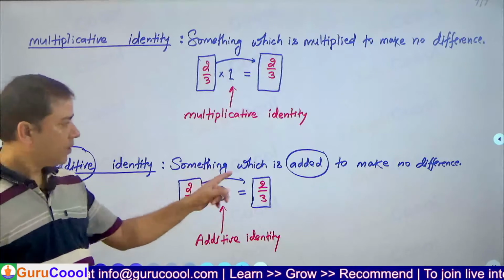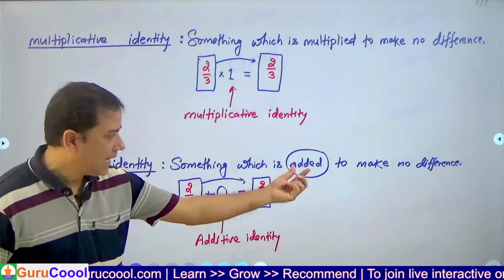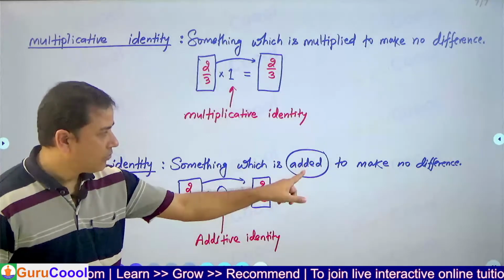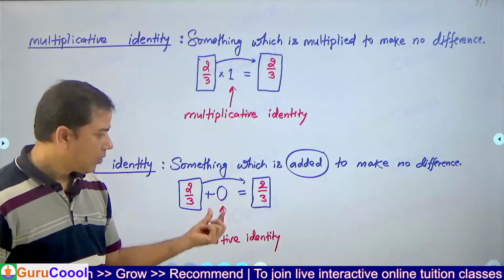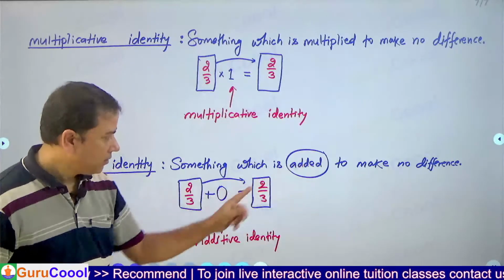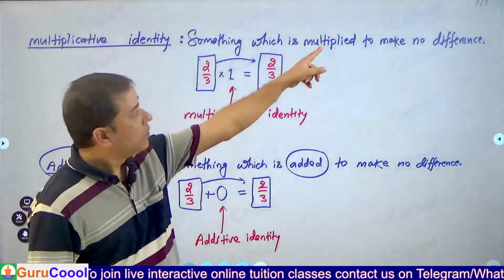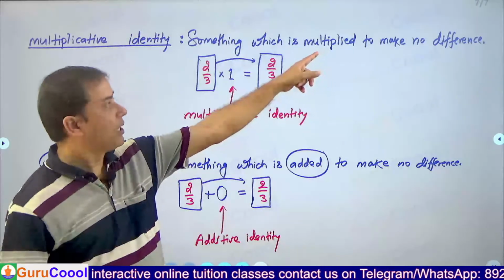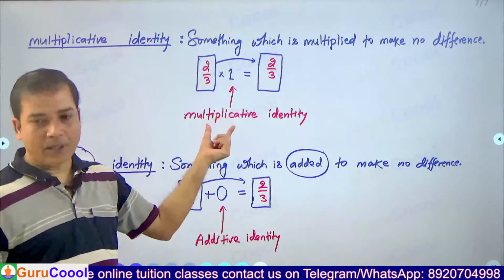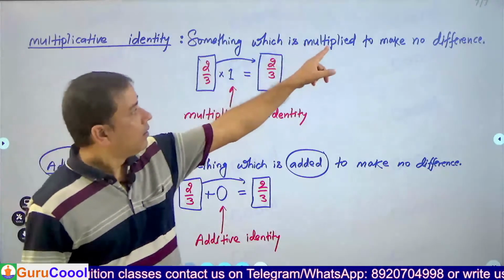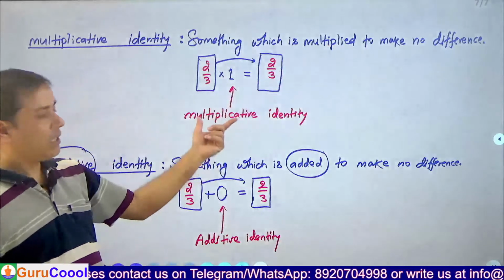Yes. Something which is added to make no difference is called additive identity. Added, so additive. But if it is multiplied to make no difference, it is called multiplicative identity.